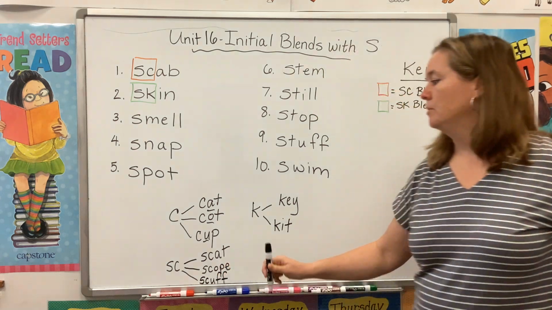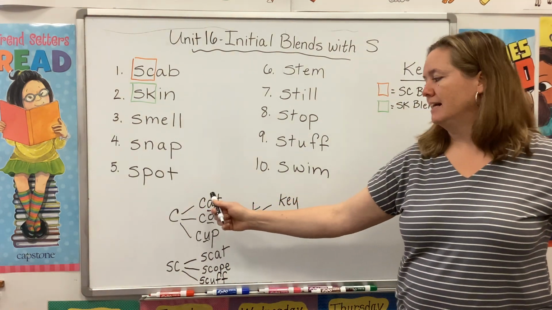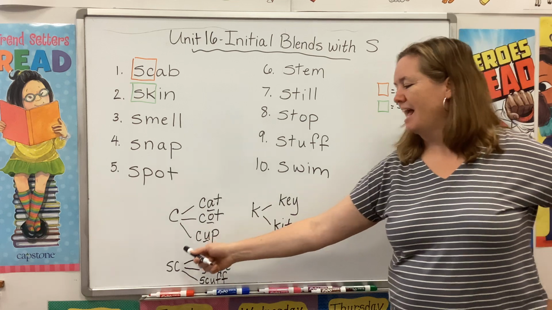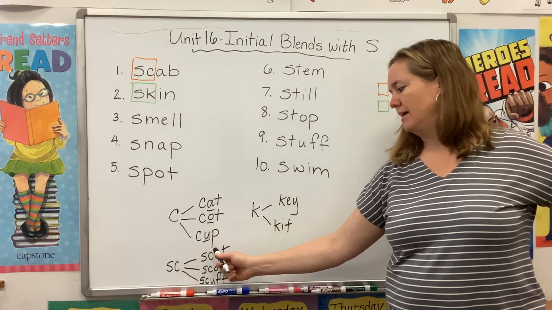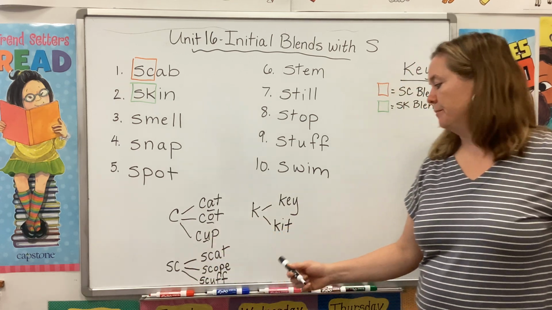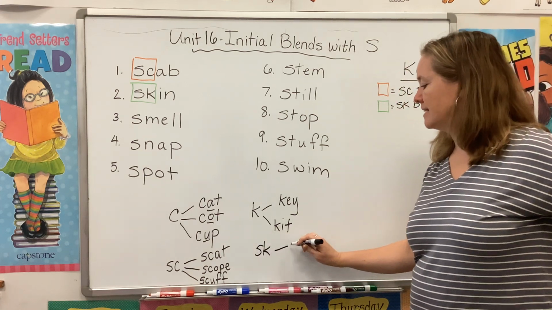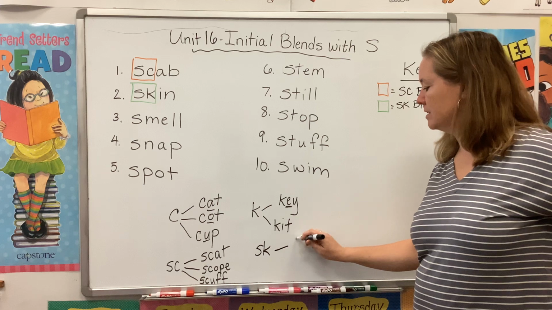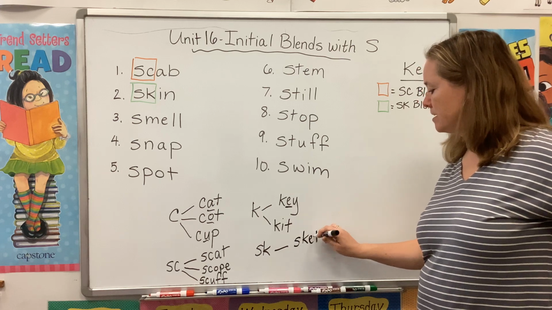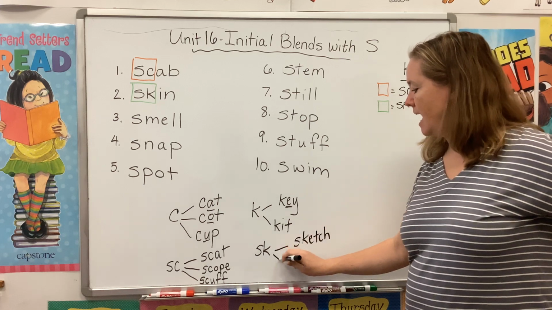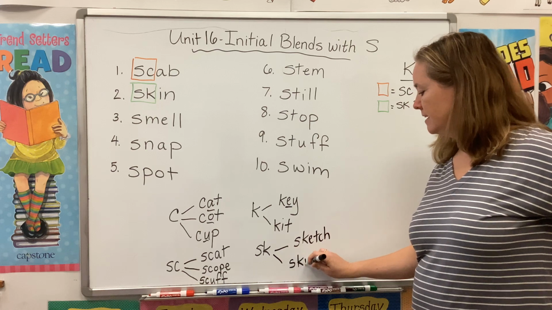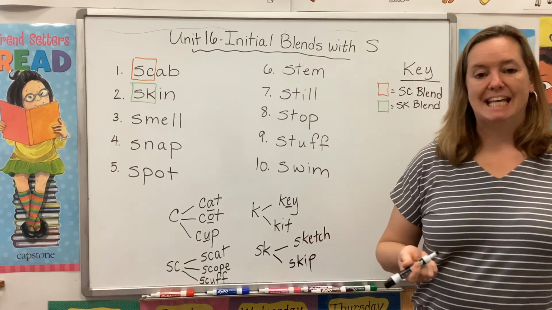Okay, so just like C hangs out with A, O, and U, SC also hangs out with A, O, and U. SK hangs out with E in words like sketch, and I in words like skip.